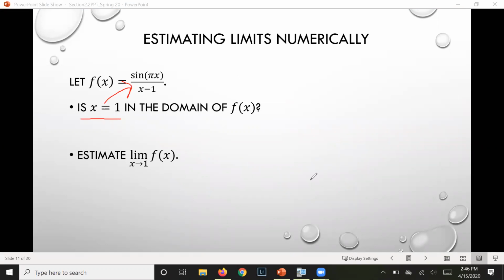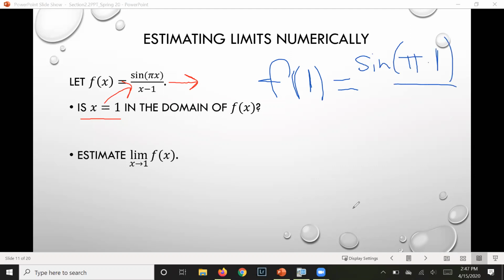How do we figure that out? Well, one way to check is to plug the value in. So let's evaluate f of 1. If we do that, what we're looking at is sine of pi times 1, plugging in the 1 for x on the top, over 1 minus 1.